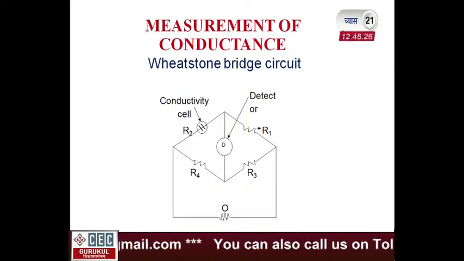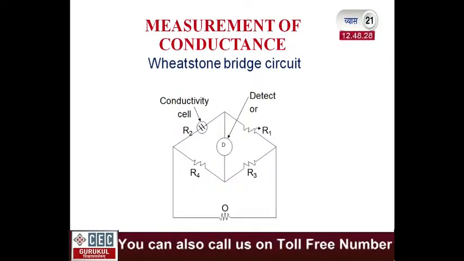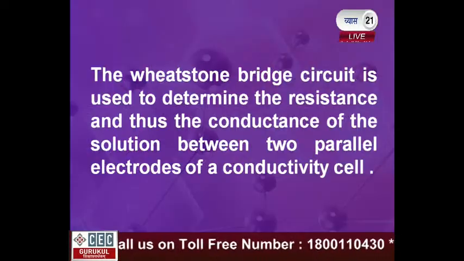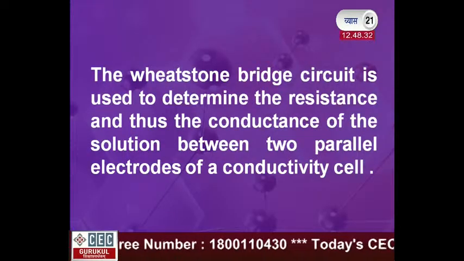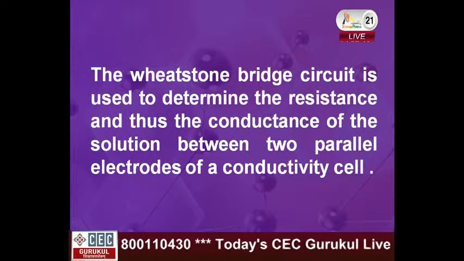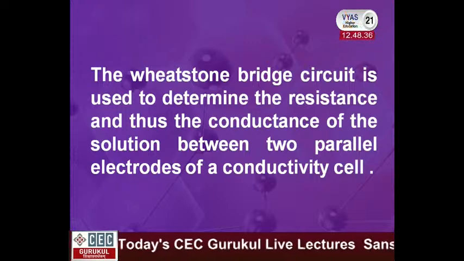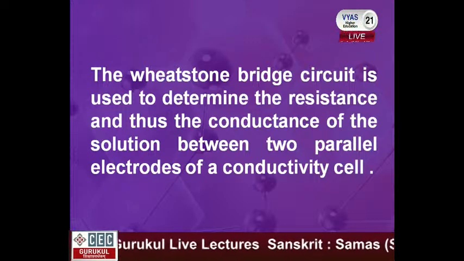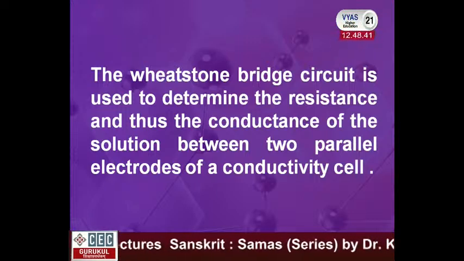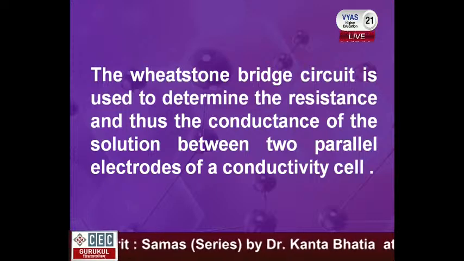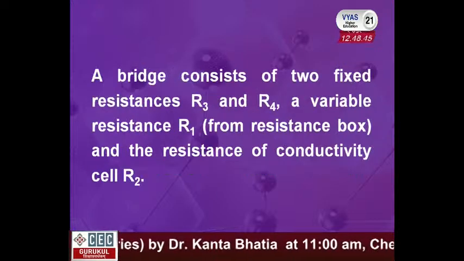Measurement of conductance is done by the principle of Wheatstone bridge circuit. A Wheatstone bridge circuit is used to determine the resistance and thus the conductance of the solution between two parallel electrodes of a conductivity cell.